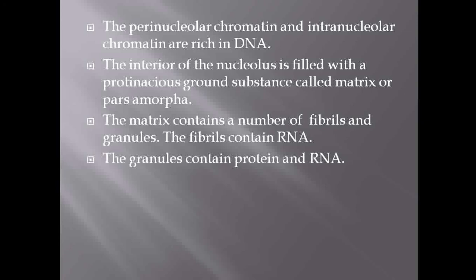The interior of the nucleolus is filled with a proteinaceous ground substance called matrix or pars amorpha. The matrix contains a number of fibrils and granules. The fibrils contain RNA and the granules contain protein and RNA. So these are the important points about the nucleus and nucleolus.